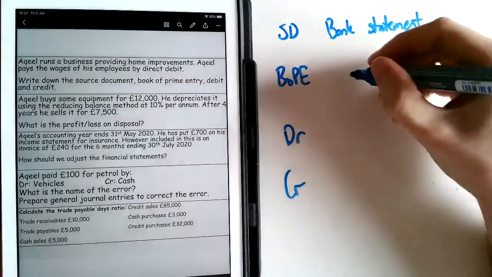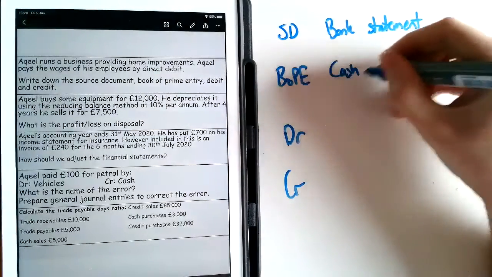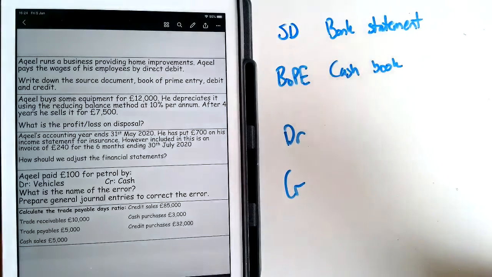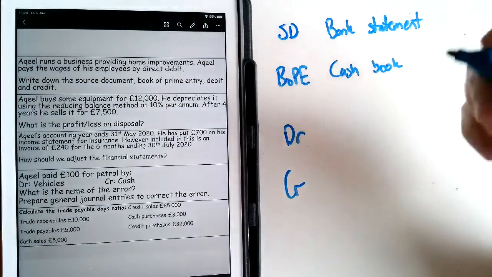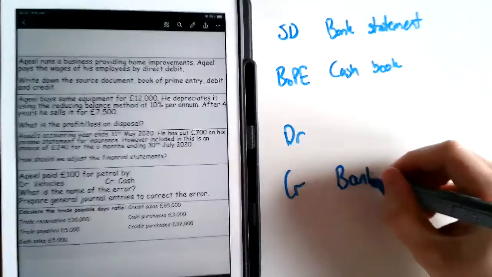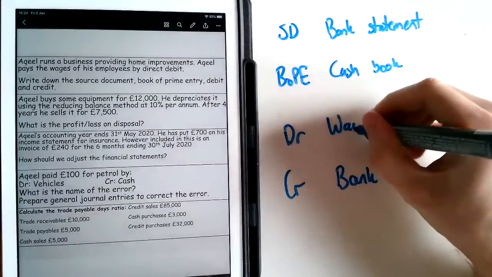The book of prime entry, since it's to do with cash, goes in the cash book. Debit and credit: one will be bank, one will be wages. Money's going out of the bank, so that's the credit, and wages is an expense, so that's a debit.